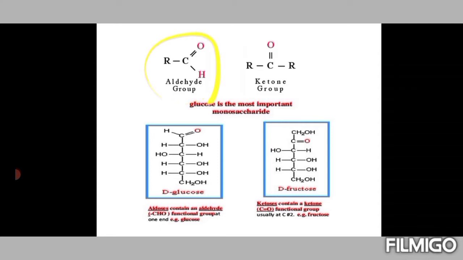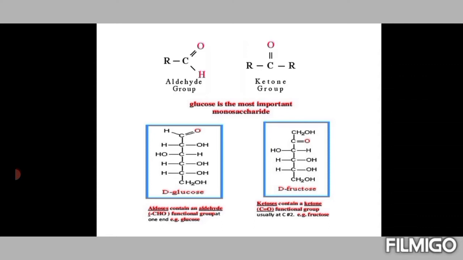Now the aldehyde group is given here in aldoses. The first carbon is an anomeric carbon in which this particular group is present. Whereas in ketoses, it's the second carbon, which is called the anomeric carbon, in which the keto group is present. We'll study the cyclic structure later.